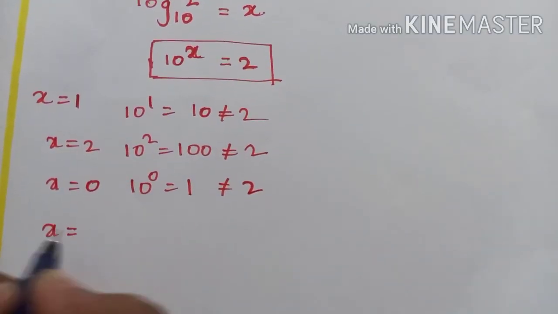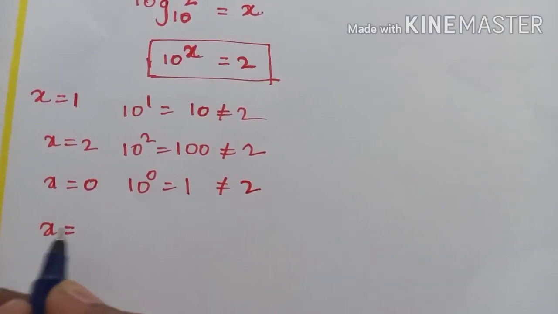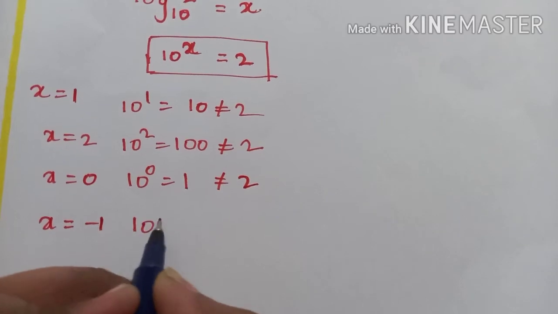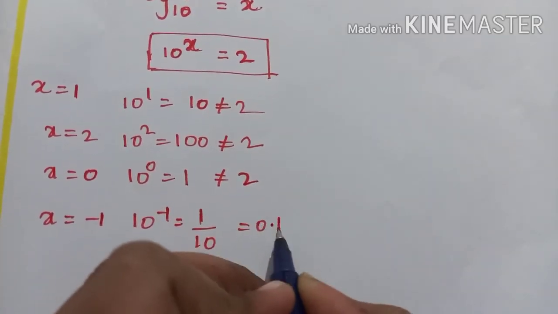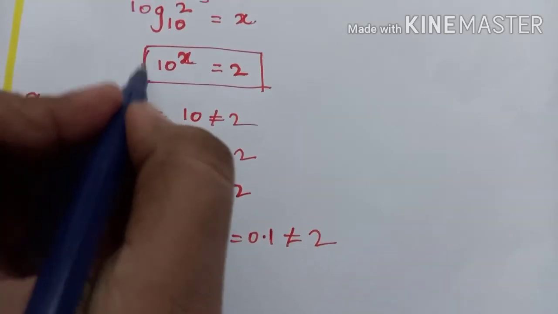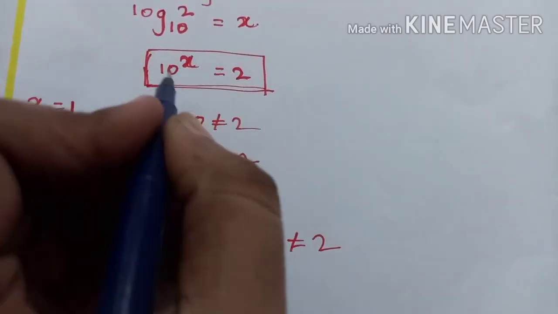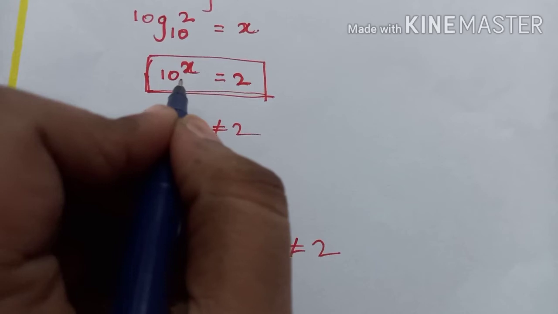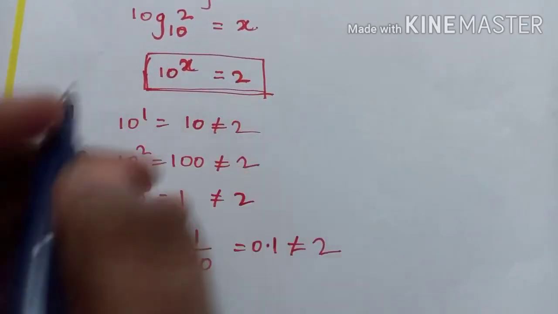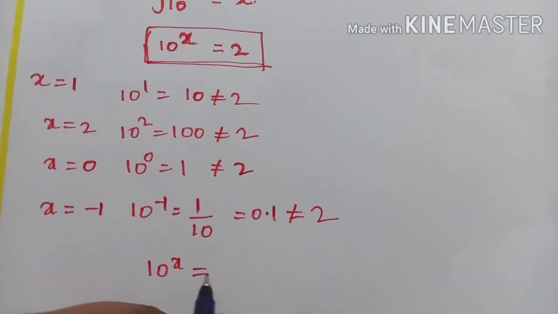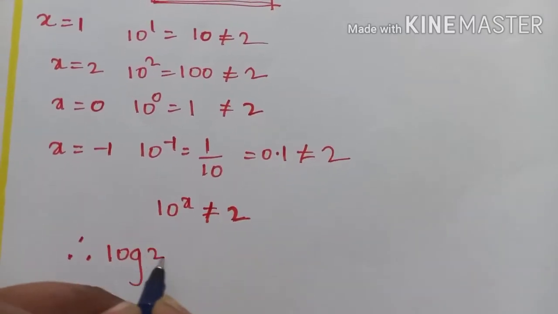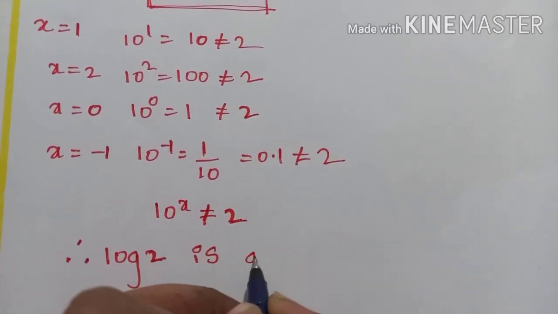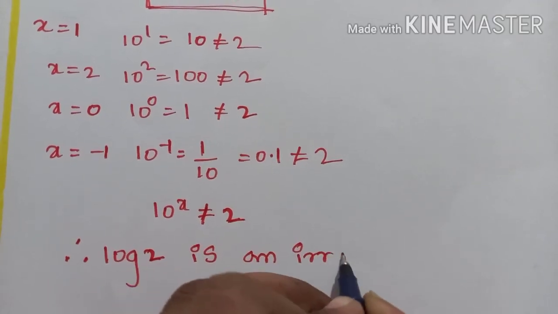Even for negatives you can check: x equals minus 1, 10 to the power of minus 1 is 1 by 10, which is 0.1, not equal to 2. So this statement is impossible. If it were rational it would be possible, but 10^x is not equal to 2. Therefore log 2 is an irrational number.